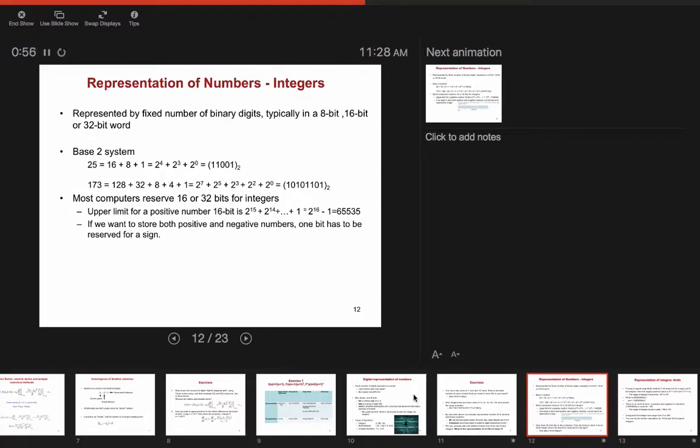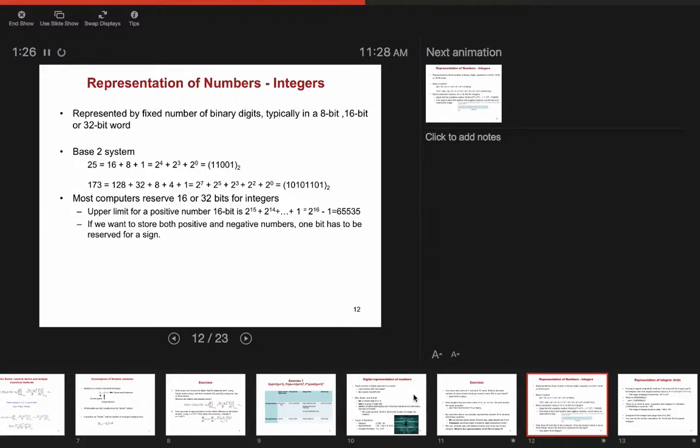And the question is how big of a number can I store inside? Let's start with a simpler case. If I had 1 byte, that's 8 bits. I'm just storing binary numbers. What is the largest number I can store in there?